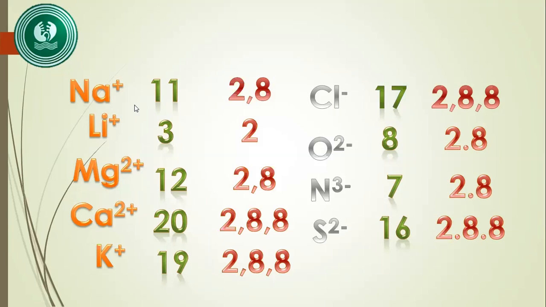Like that, for the oxide ion, the atomic number of oxygen is 8, so its electronic configuration is 2,6. To get the stable electronic configuration of neon, it gains 2 electrons. So its electronic configuration is 2,8.